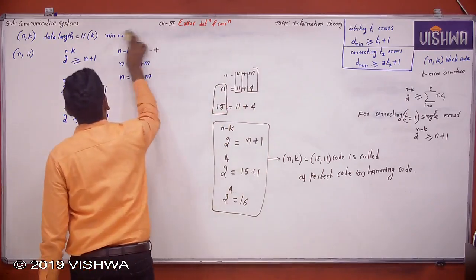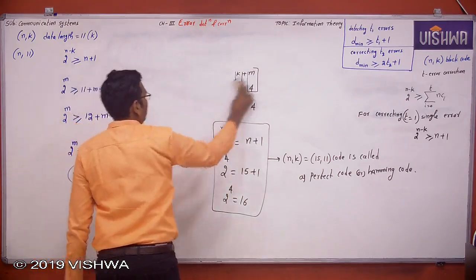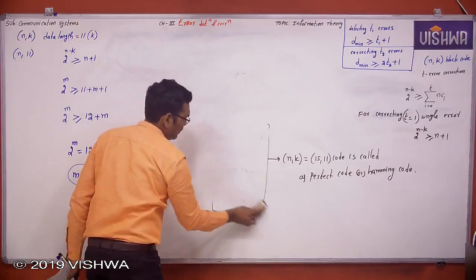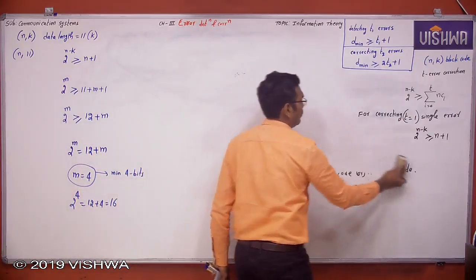You can identify the parity bits, what the code length is, what the data bit length is, what the parity bit length is, and whether it is a perfect code or not. You can easily identify.